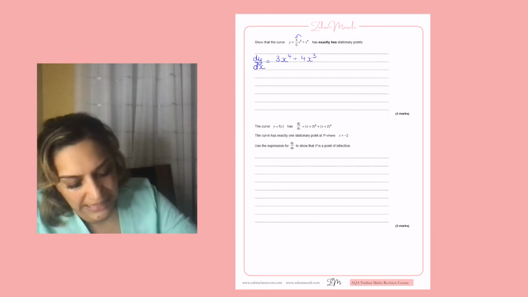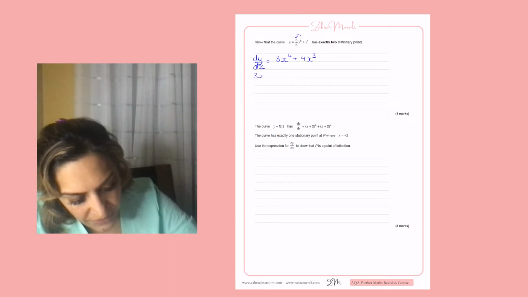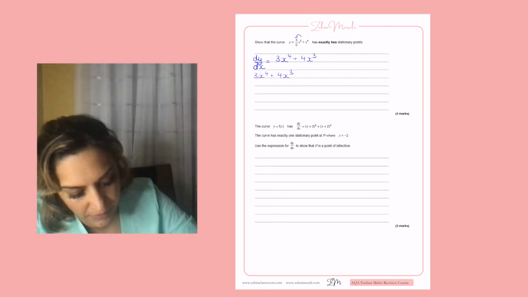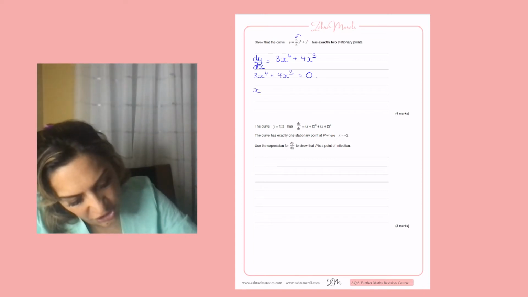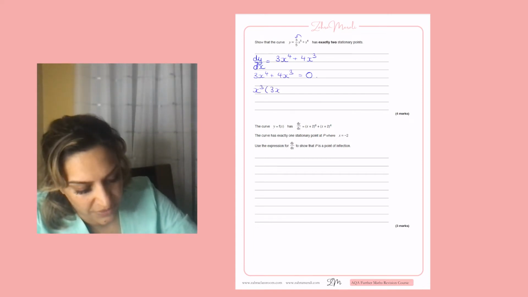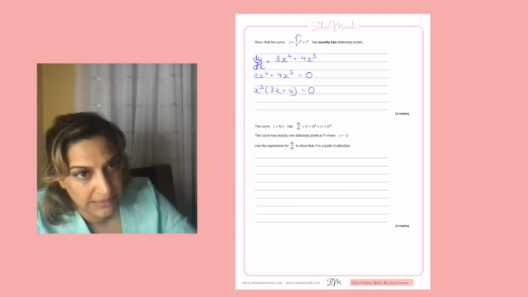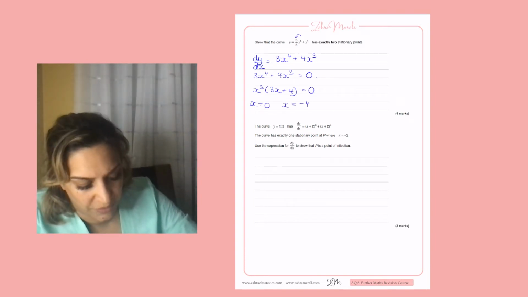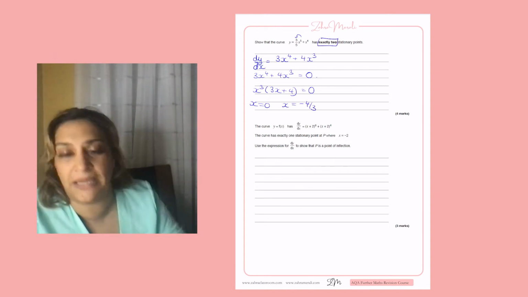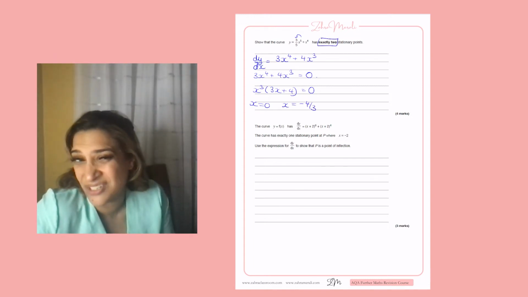Now, at the stationary point, we know all of this equals 0. What can we take outside the bracket? We can take an x^3 outside, giving us x^3(3x + 4). Then we can see x = 0 or x = -4/3. And we've shown exactly 2, because we've got exactly 2 answers.